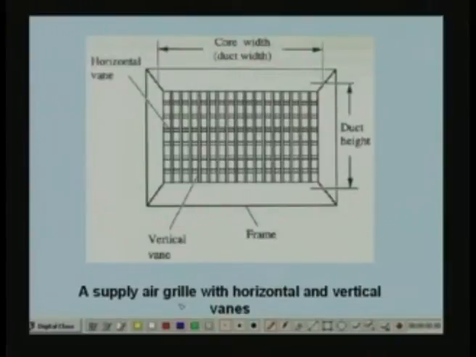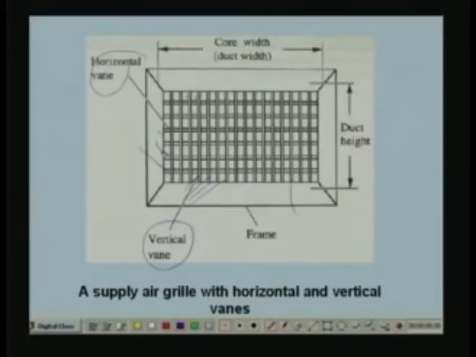You must have seen this kind of grills in air conditioned buildings. As you can see, this is where the open areas are, from where the supply air comes out. Supply air comes out like this, and this grill has vertical vanes and horizontal vanes. These are the vertical vanes, and all these are the horizontal vanes.